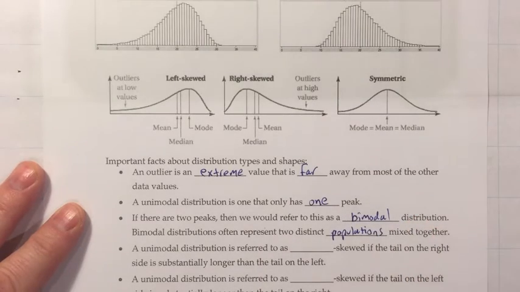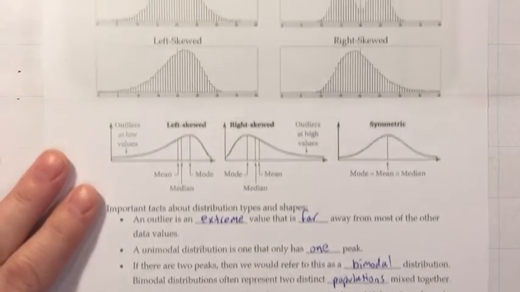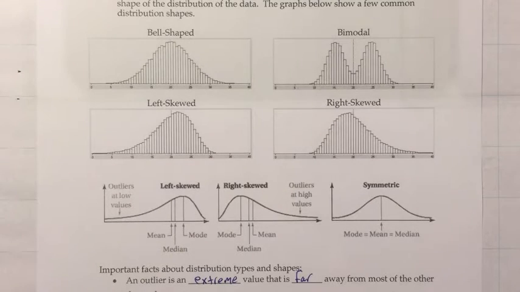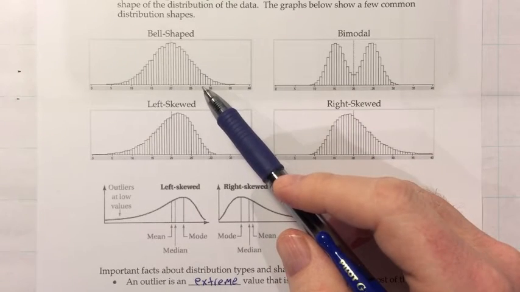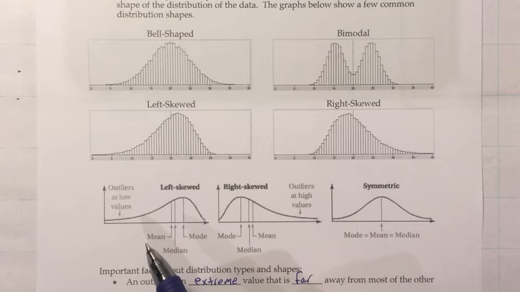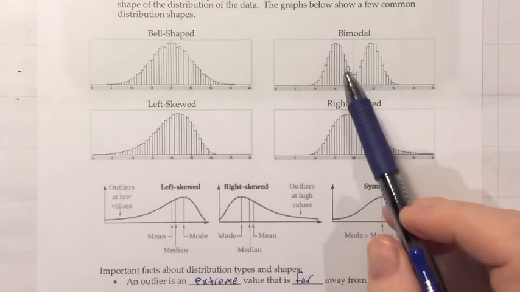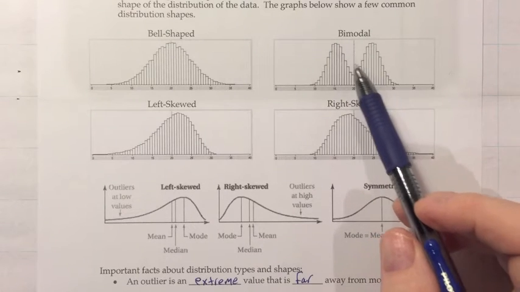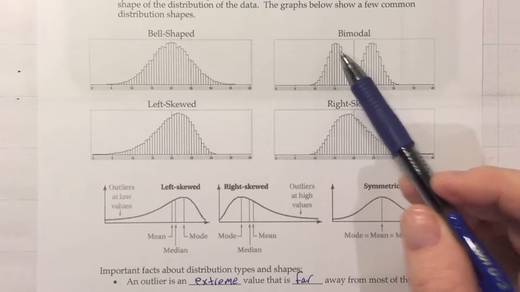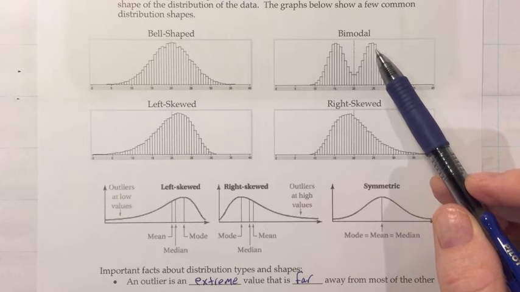Just a quick example to talk about some of these shapes and how bimodal fits into that. It's usually the case that if you look at a population of men, you get a bell-shaped distribution for their heights. Same thing goes for women, but if you throw men and women together and you just look at the distribution for the heights of people, then you might get a bimodal distribution where you have the peak for the average height of women and another peak for the average height of men.